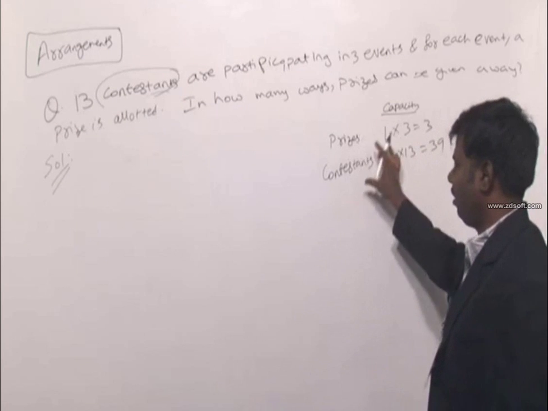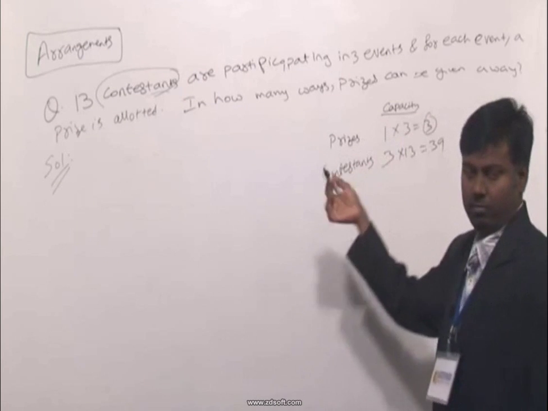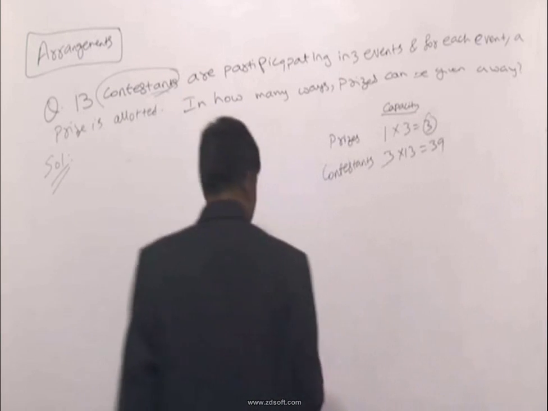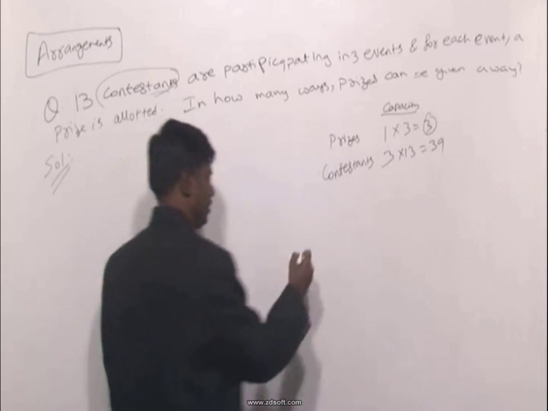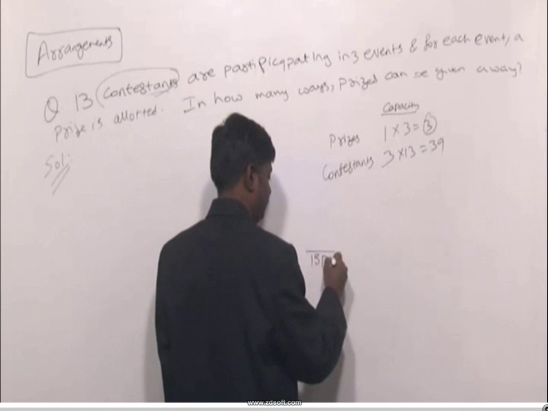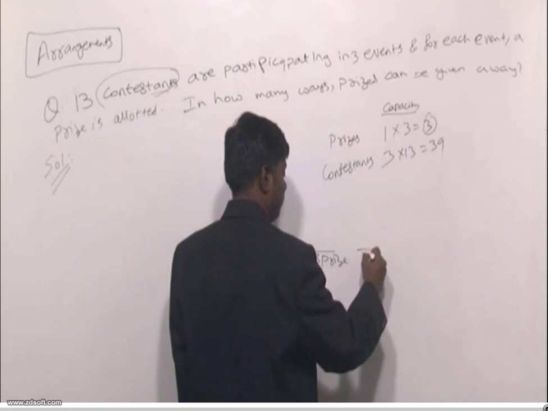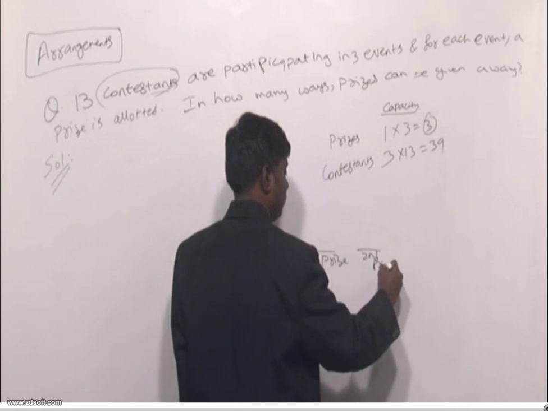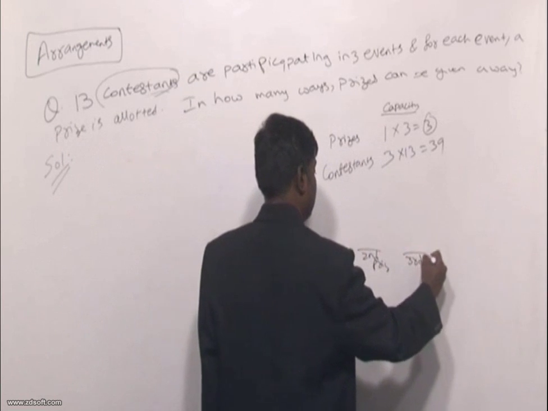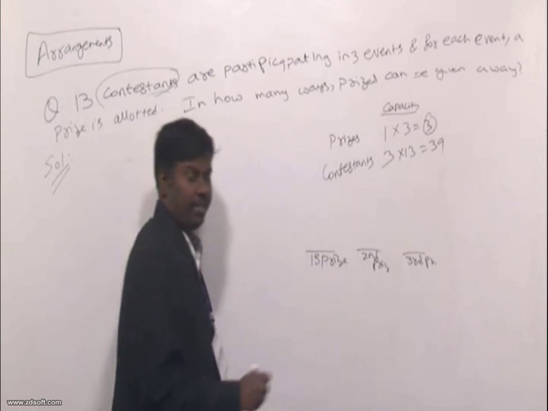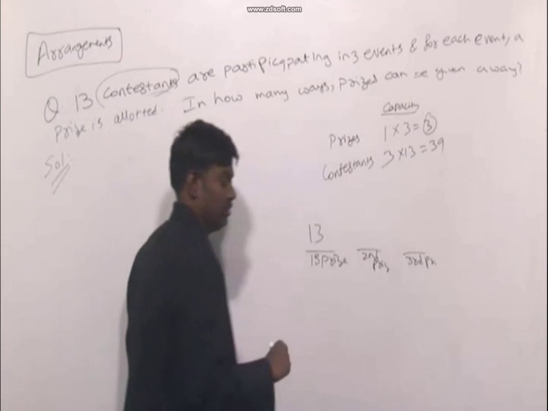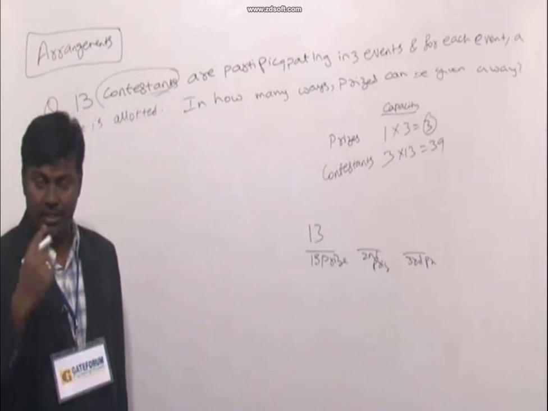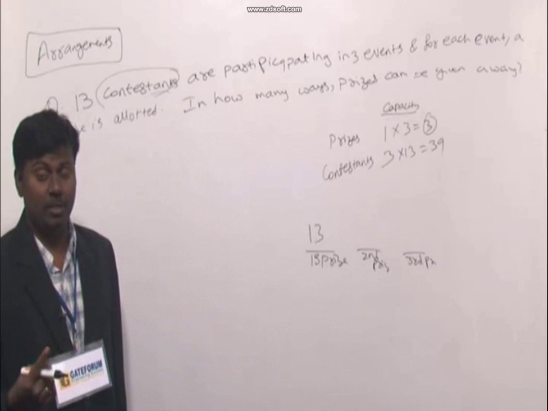Anyway, even if you have not done this logic, for this problem you would have gone with honors. In the sense, if we consider first prize, second prize, third prize. First prize can be given away to any one of the 13 contestants in 13 ways. For each of those possibilities, second prize can be given away.